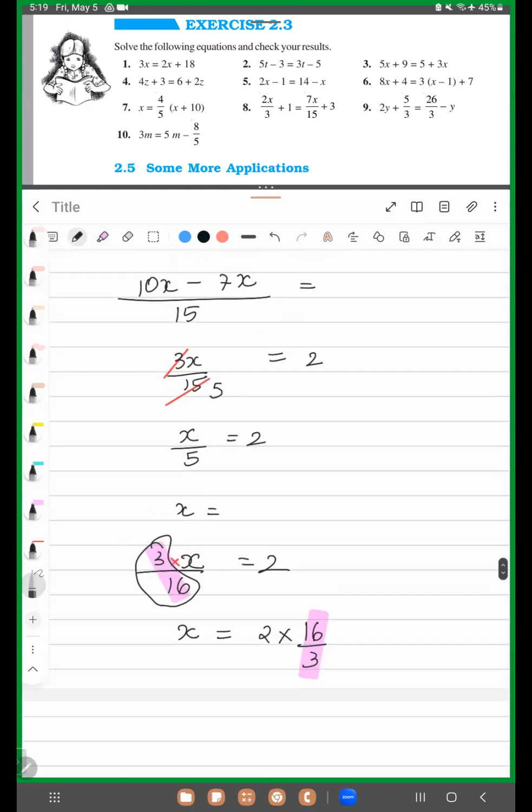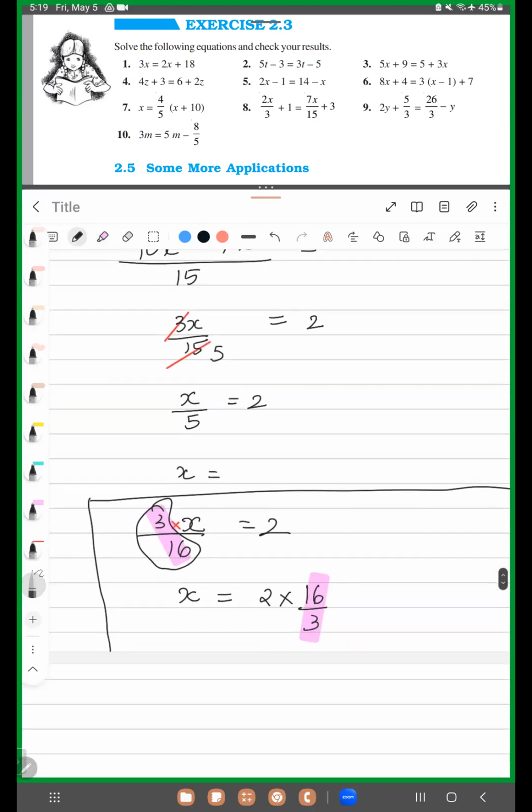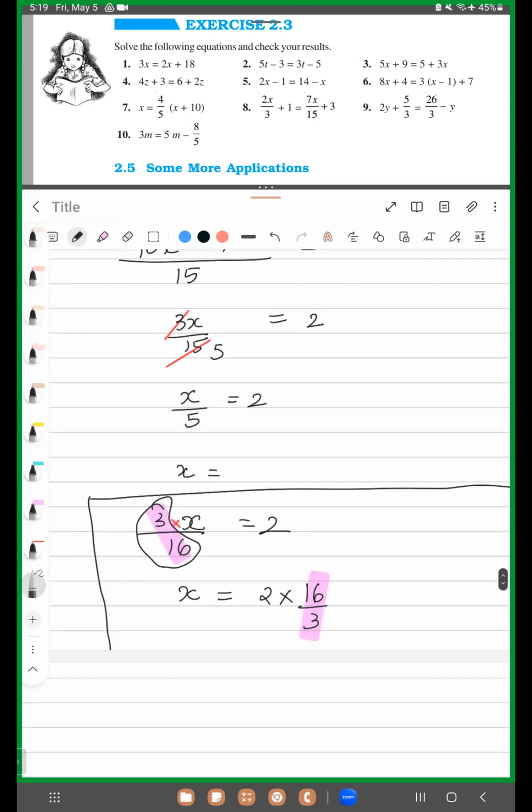Can we just write it as 2 multiplied by 16, and then it will be 32 by 3? Yes, 32 by 3. It'll be the same answer. Now, Hiba, iska answer bataiye ab aap.